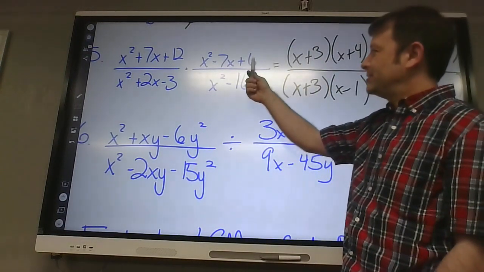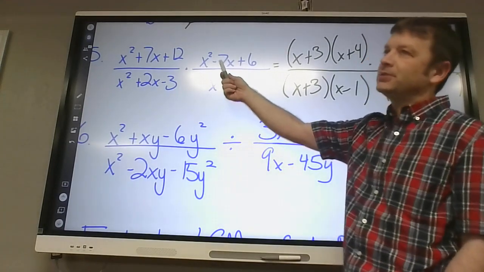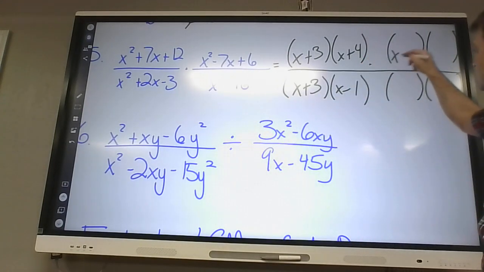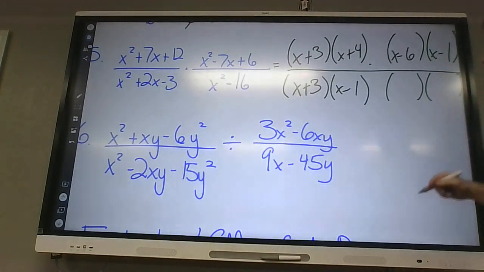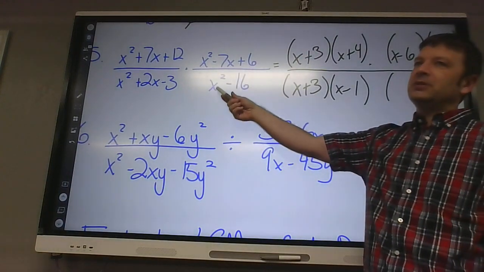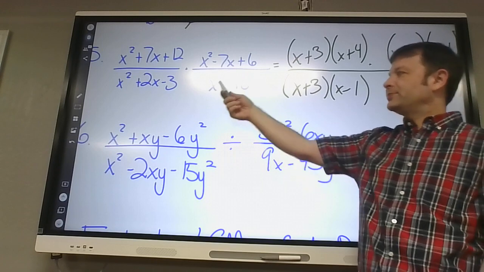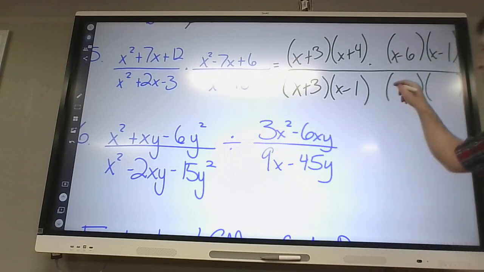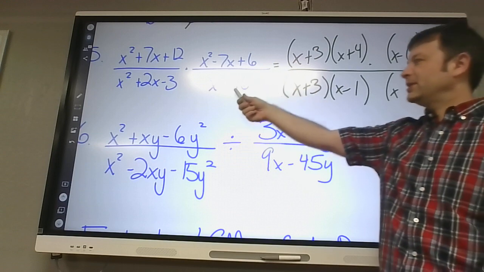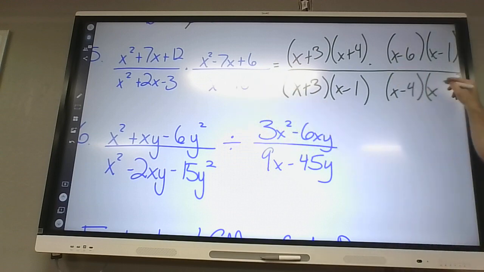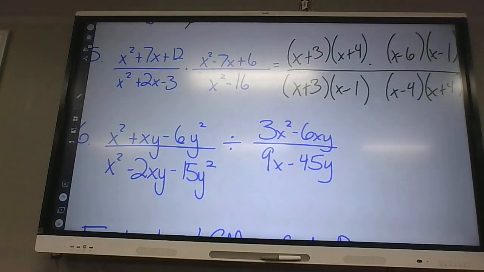What multiplies into 6 that adds up to negative 7? And this is a square minus a square, right? So, because something squared equals these. What times what equals x squared? X and x. What goes into negative 16 or negative 4?